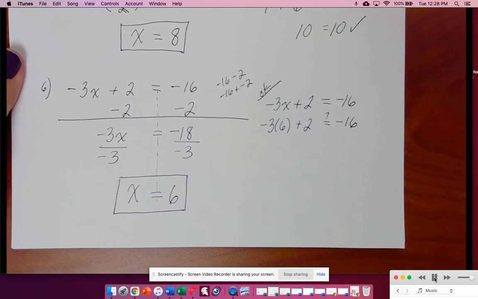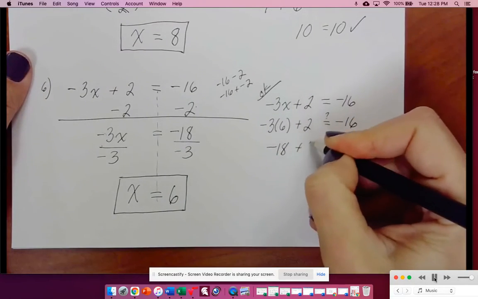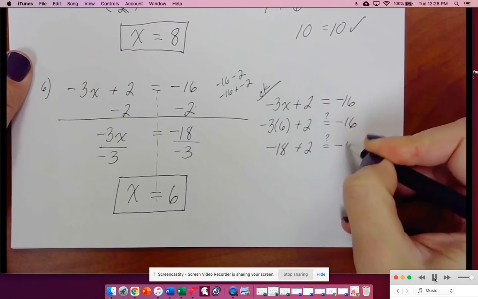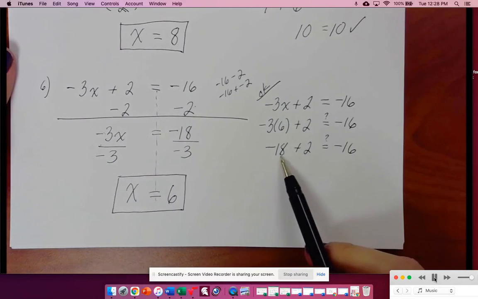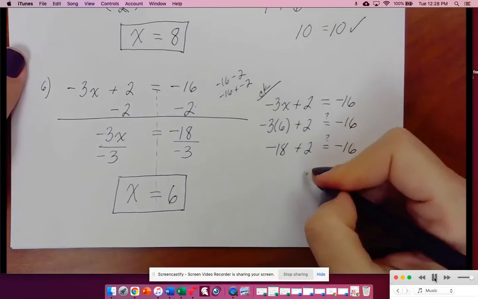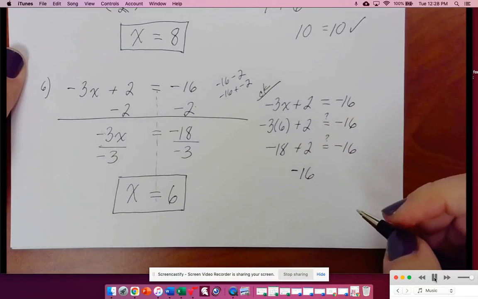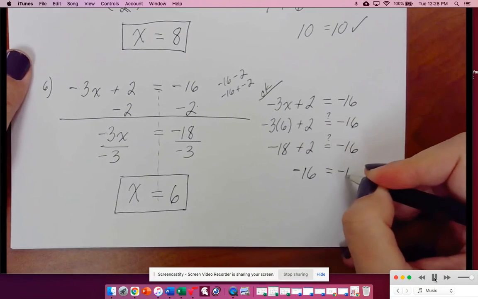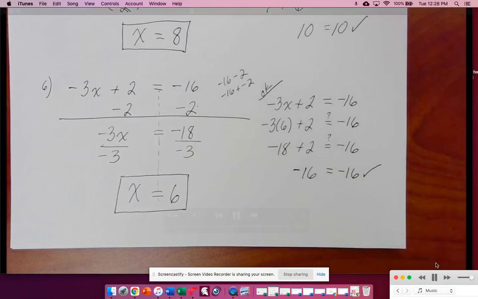Negative 3 times 6 is negative 18. Is that going to work? Yes. Signs are different, so you really subtract them. You get a 16, and it's going to be negative because the 18 is bigger, and it's negative. Check. All right. Good job.